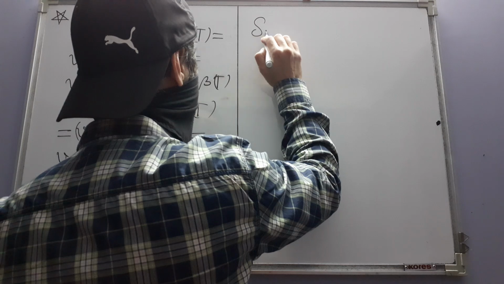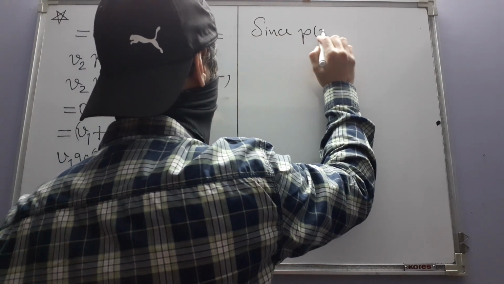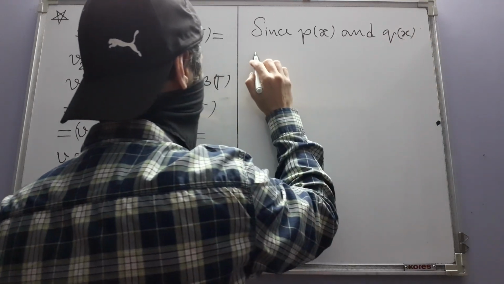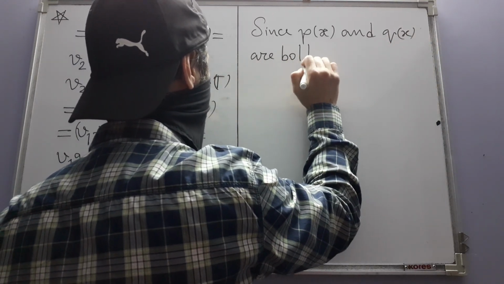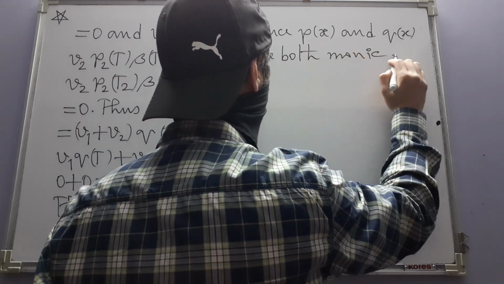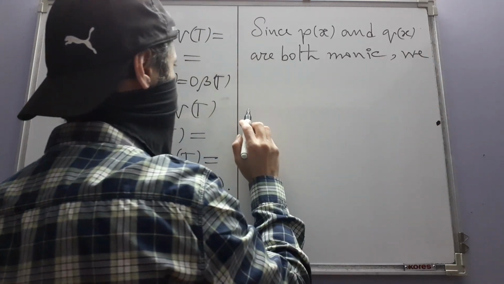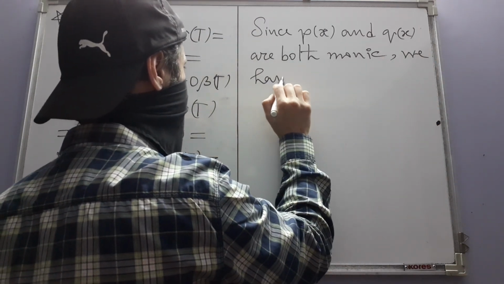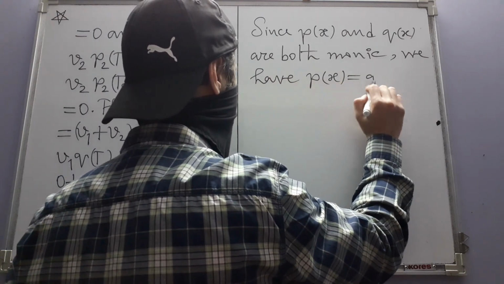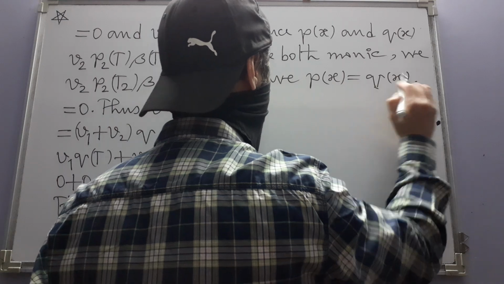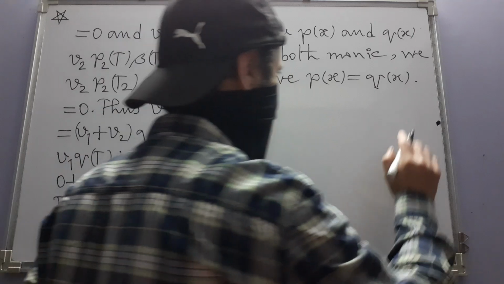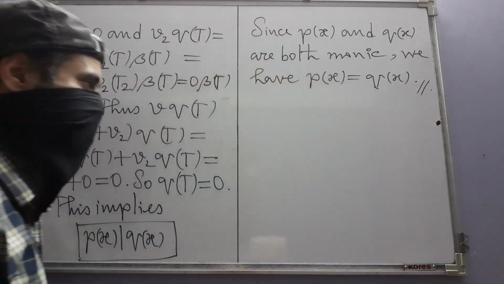So we write since P and Q are both monic, those two divisibility relations imply that P of x is equal to Q of x. So that means we have proved the claim, and the proof went exactly like how it went in case of the original lemma 661.